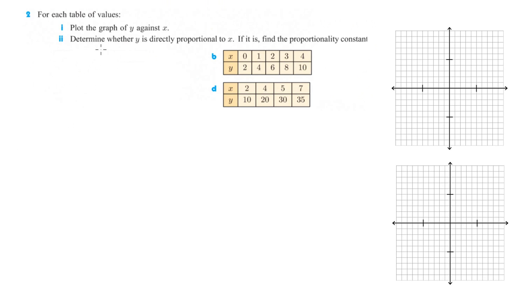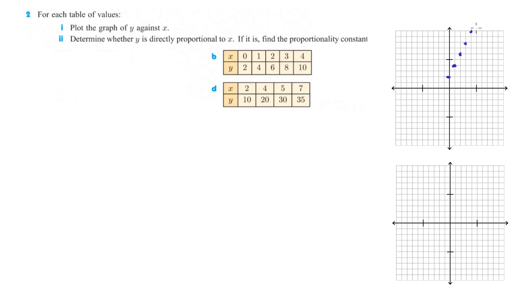Okay. Number 2, for each table of values, plot the graph of y against x and then determine whether y is directly proportional to x. And if it is, find the proportionality constant. Okay, so let's graph this thing here. So we can do 0, 2, 1, 4, 2 and 6, 3 and 8, 4 and 10.